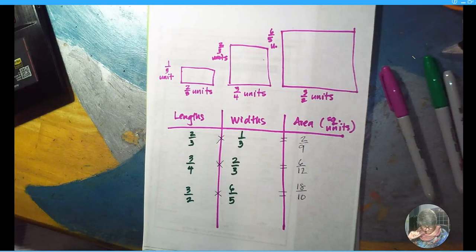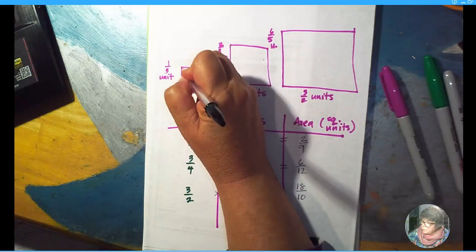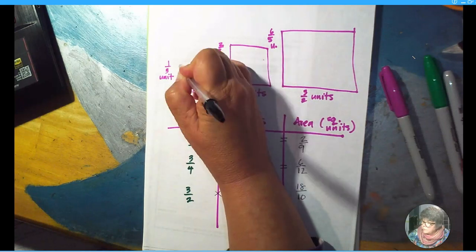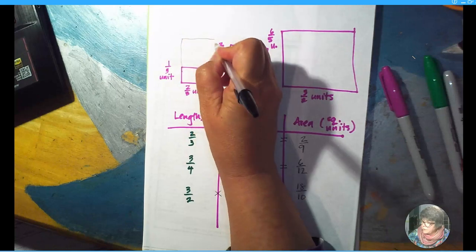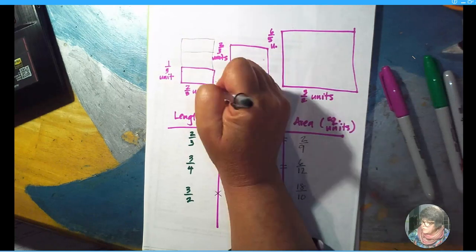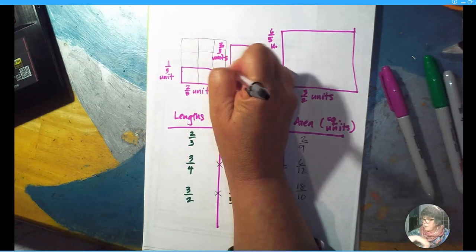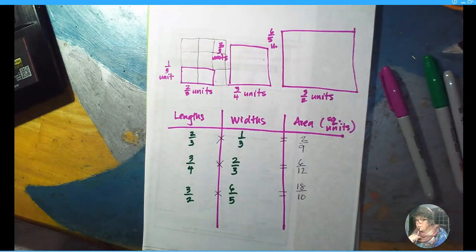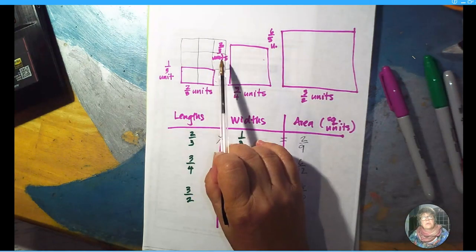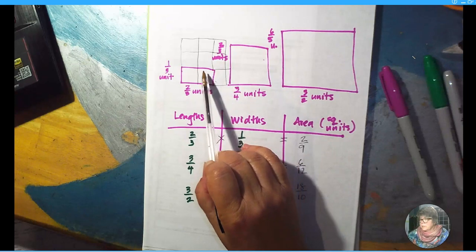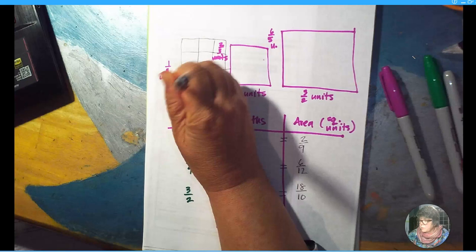Okay. So if we have 1/3 and 2/3 here, then that would be 1/3. Think about the rest of the unit square. And then this is 2/3. Just ignore that part there. Okay, so you see how I drew my whole unit square, and I used 1/3 here and 1/3 here.